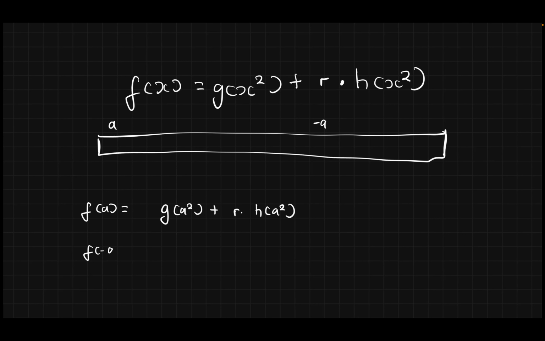Then F of minus A is G of minus A squared, and what is minus A squared? Do you see it? Now two values at the top give you exactly one value. That's the folding.